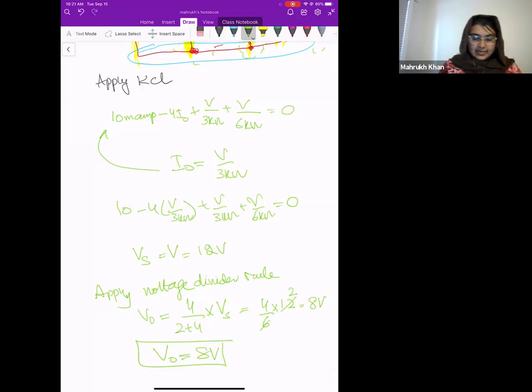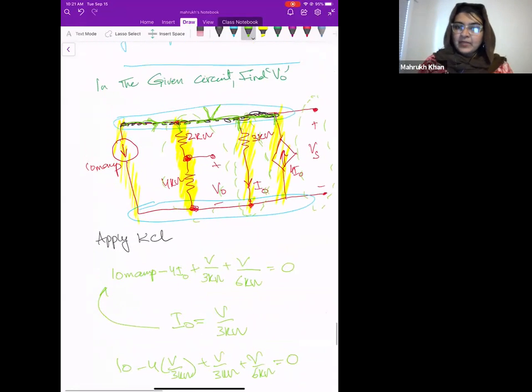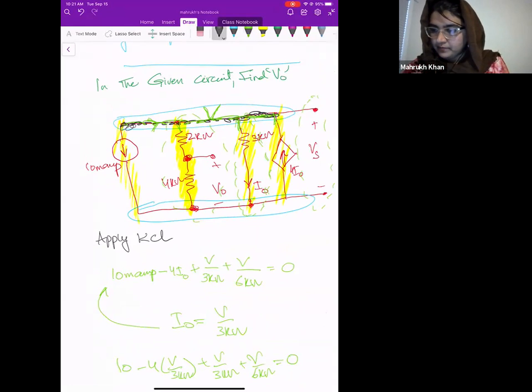Got it? So that's how you can find your voltage. The important thing, I actually told you before as well, is that if you see that there is no element in the upper circuit, like here, there might be a catch that you can apply KCL.